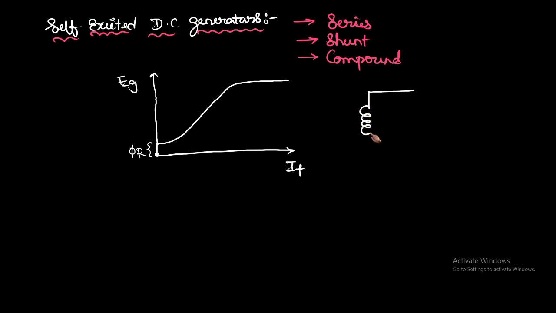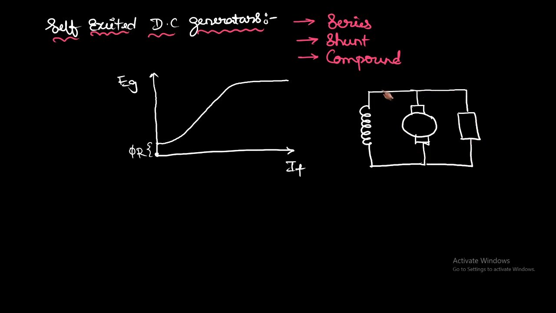Let us consider a DC shunt generator. Why is it called a shunt generator, we will see. If you observe here, the armature is connected in parallel with respect to the field winding. That's why it is called the DC shunt generator. So this is the EMF generated, Eg, and the armature current.